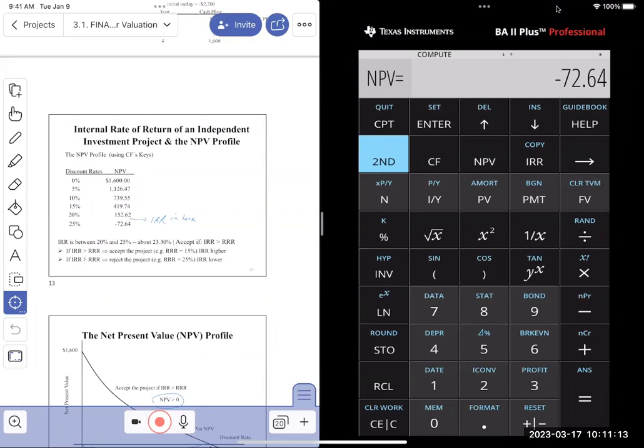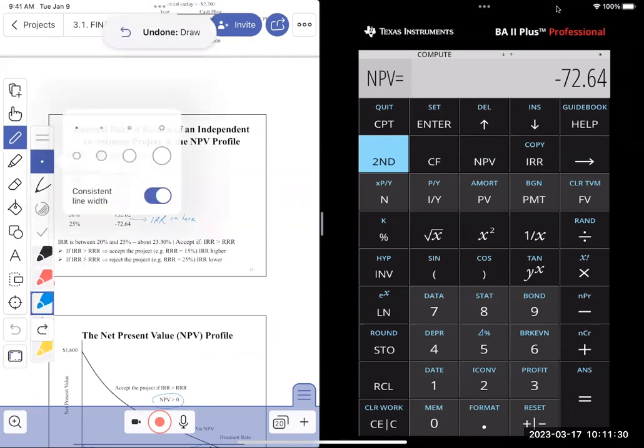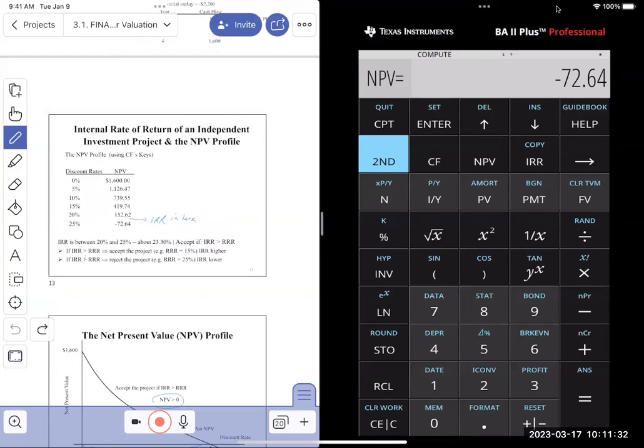So now that it's negative, I know that the internal rate of return is in there. So I should magnify that range. I want to go between 20 and 25.